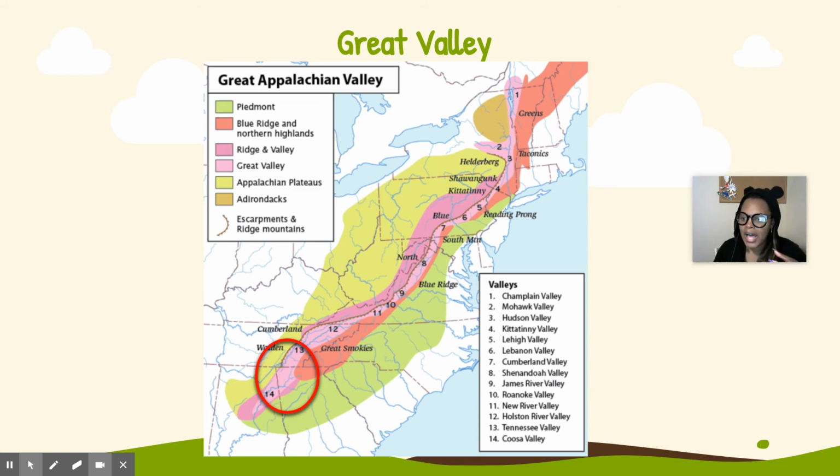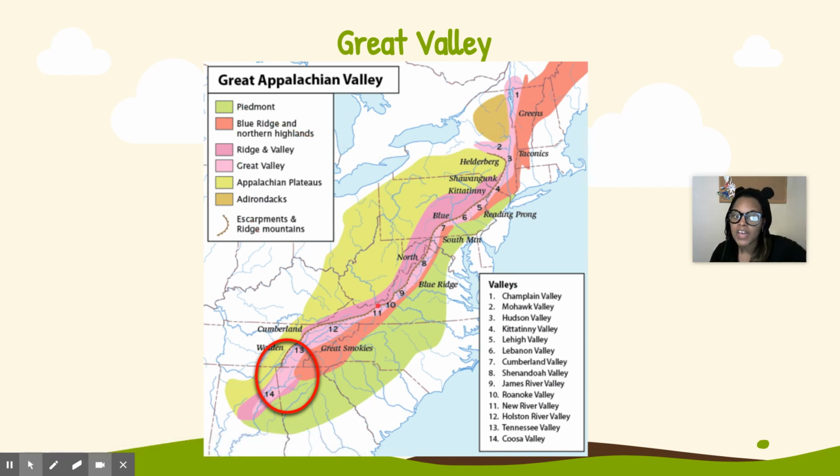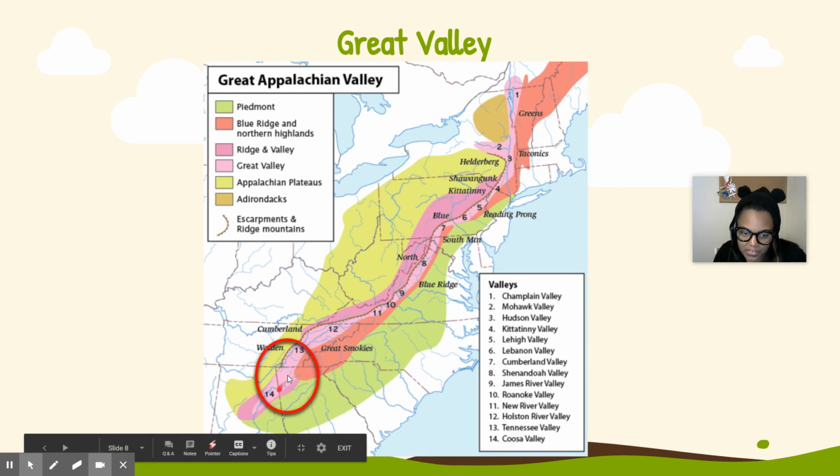So our little slice that meets and goes upward, and we're like, oh my God, this is just so big and wonderful. It's only a little piece of it. It's part of something much greater, the Great Appalachian Valley, okay? And it runs all the way up here. And if you look at the different colors, those are the names of the valleys. Don't get confused. Just wanted to show you that it's part of a bigger scheme of things, okay? But here we are down here, and there's our little slice.